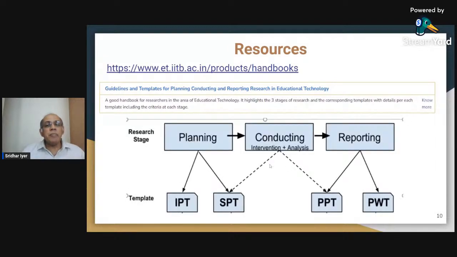For planning, there are 2 templates, called the idea planning template and study planning template. Then there are templates for conducting and templates for reporting the research. Do take a screenshot of this page so that you can go to the link and find these resources.